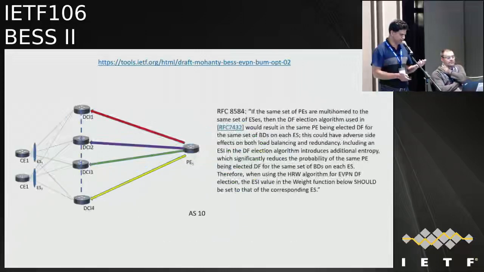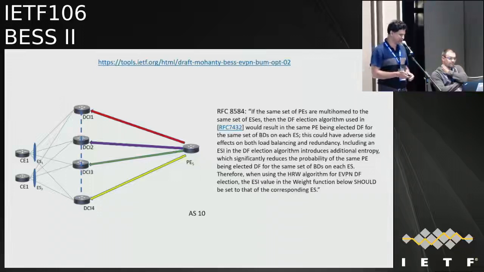So one thing here is, this is from the framework RFC. What it says is, if we have a set of CEs that are multi-homed to the same set of PEs, then to get good entropy for load balancing purposes, we take the ES into consideration inside that HRW hash function so as to get a good spread. And some of this English is written by John.